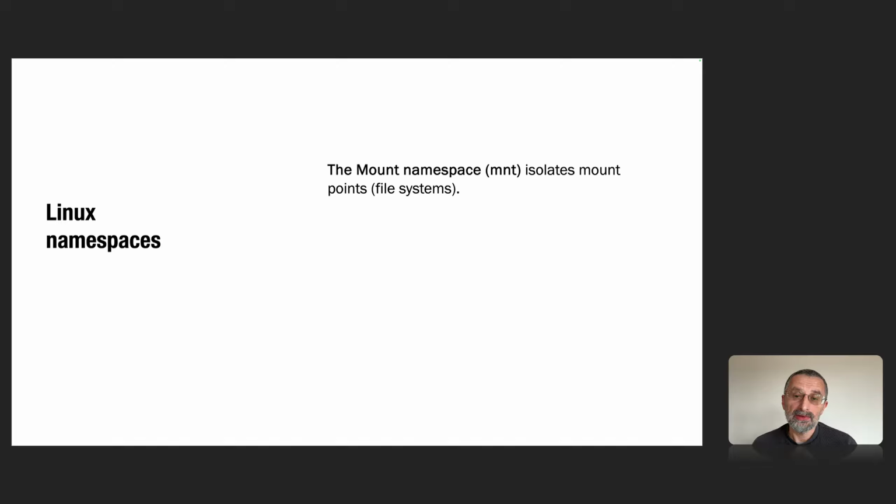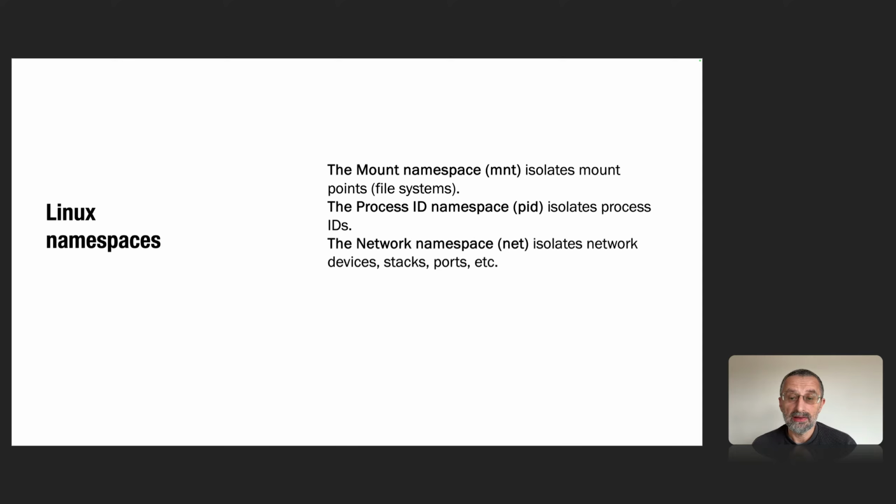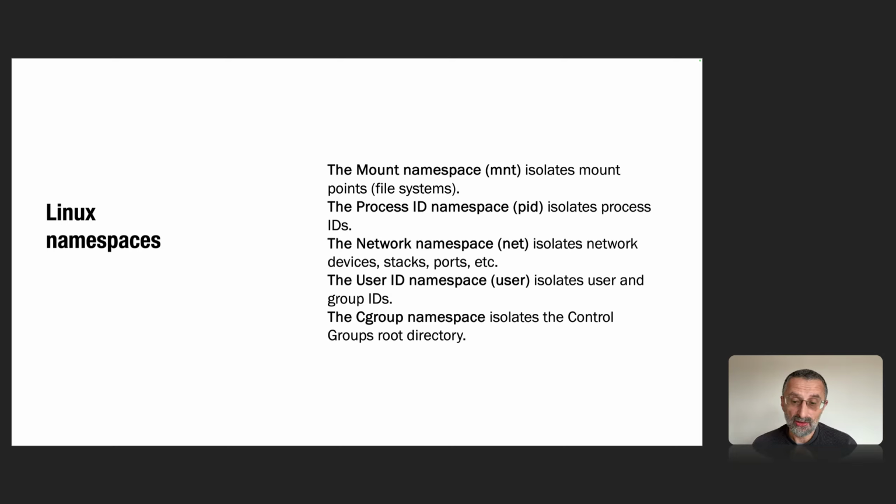The most important namespaces in Linux are the mount namespace, which isolates mount points and file systems; the process ID namespace, PID, which isolates process IDs; the network namespace, NET, which isolates network devices, stacks, ports, etc.; the user ID namespace, user, which isolates user and group IDs; and the cgroup namespace, which isolates the control group's root directory. So recall that.